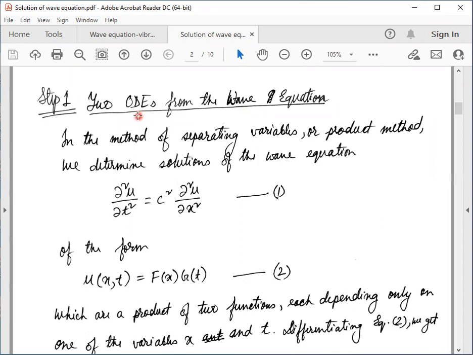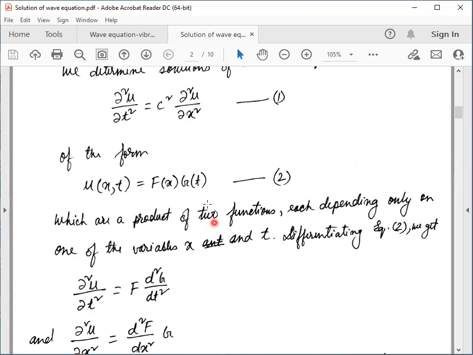In the method of separating variables or the product method, we determine solutions of the wave equation, given by equation number 1, of the form u of x, t equal to f times g, a product of two functions, each depending only on one of the variables x and t.